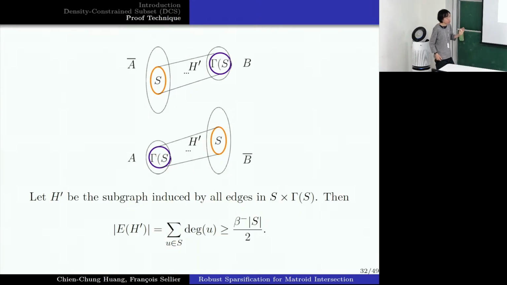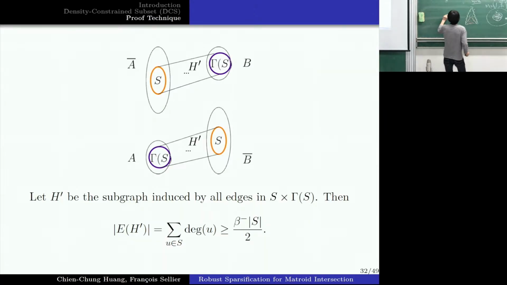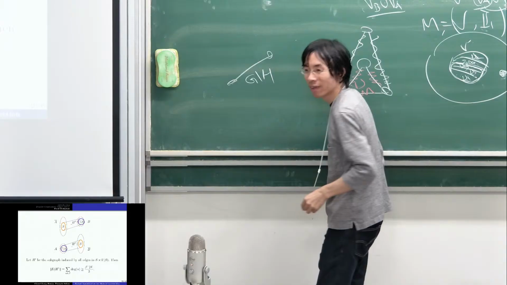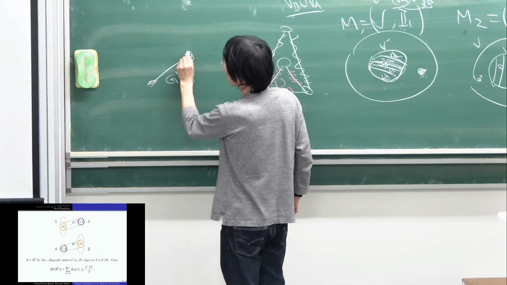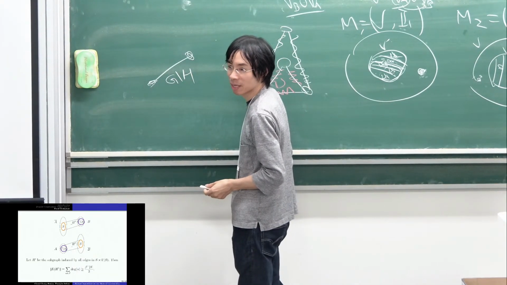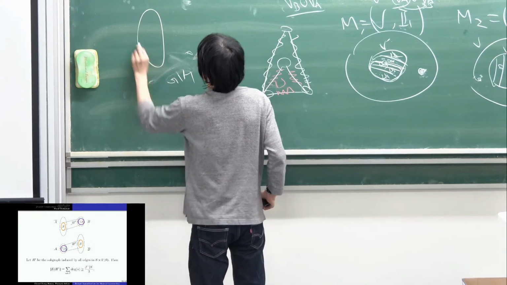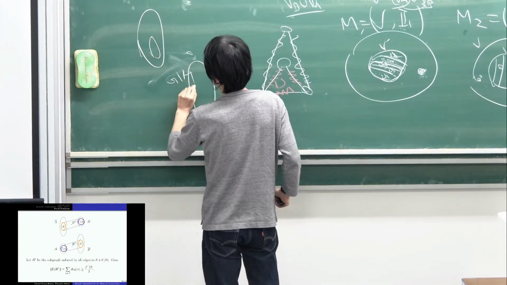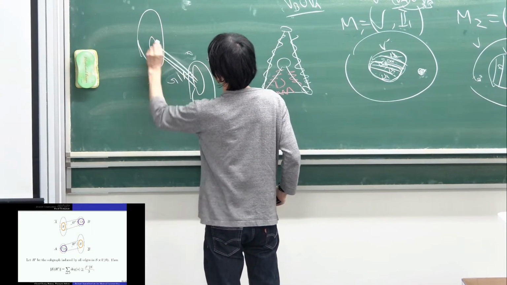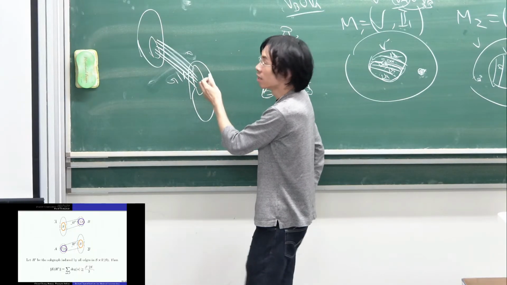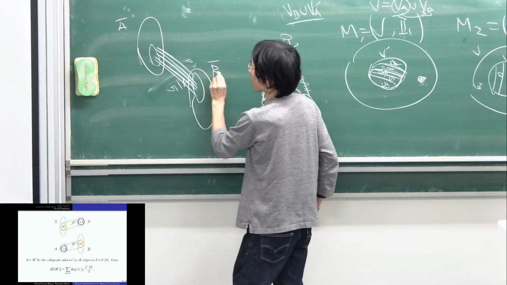I'm using the first property of the EDCS, if you remember. No, second property. Did you remember? So I said that if this edge is part of G but not in H, the degree sum of them should be at least beta minus. I just said there's a matching here. This is A bar, this is B bar.